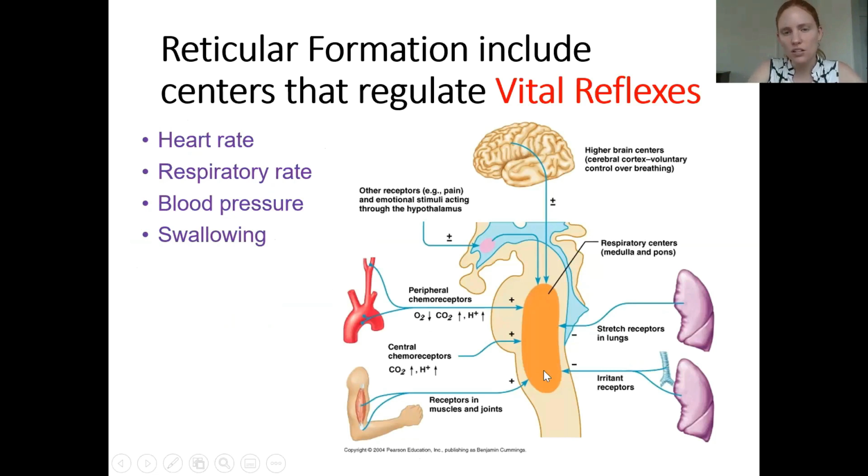In this area here, here's the pons, there's the medulla oblongata, this is where you're going to find the vital reflexes that set the rate of respiration, and that depends upon oxygen and carbon dioxide levels in the blood. So it senses the oxygen and carbon dioxide levels, and it'll set the rate accordingly. If you had damage to this region, to the brainstem, it could mean sudden death, because you wouldn't have those vital reflexes that you need to survive.